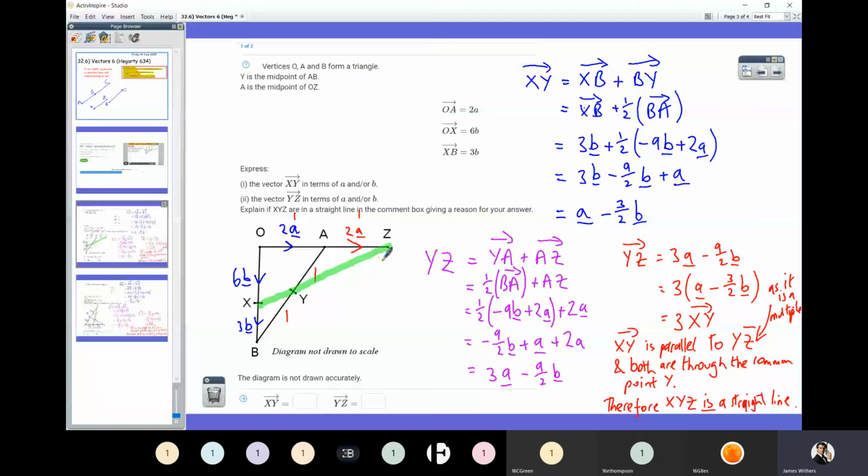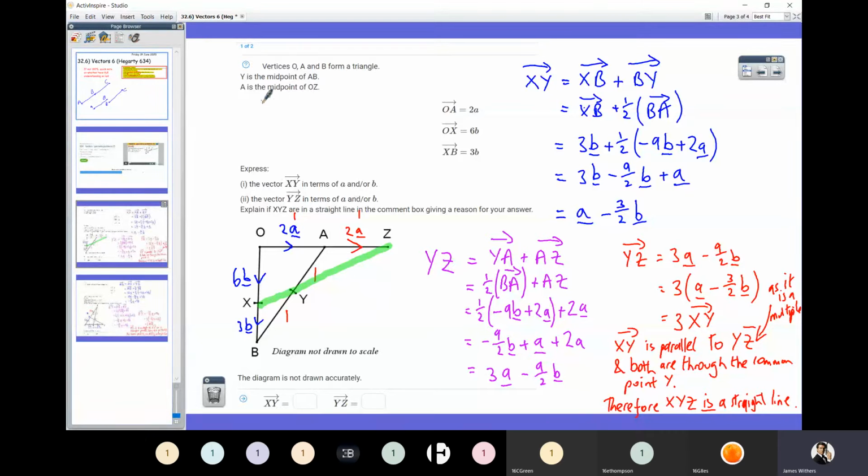We start off by doing our normal stuff. We process the information in the question. We're told that O to A is 2a. We're told that O to X is 6b, that's the bit going down, and we're told that X to B is 3b. Those bits in blue I've just processed from the question. Then we're also told that Y is the midpoint of AB, so that's why that's 1 and 1.